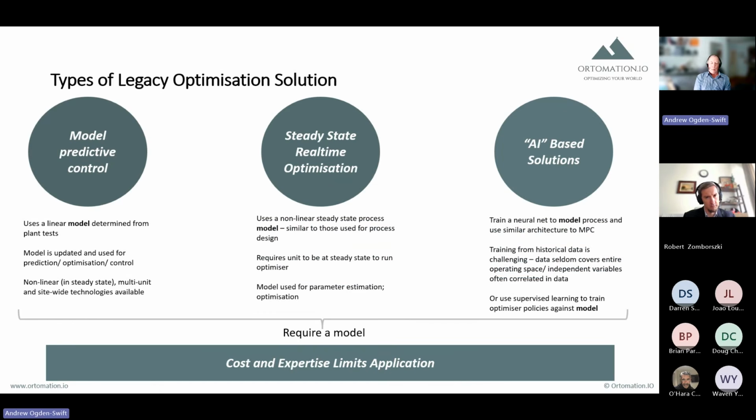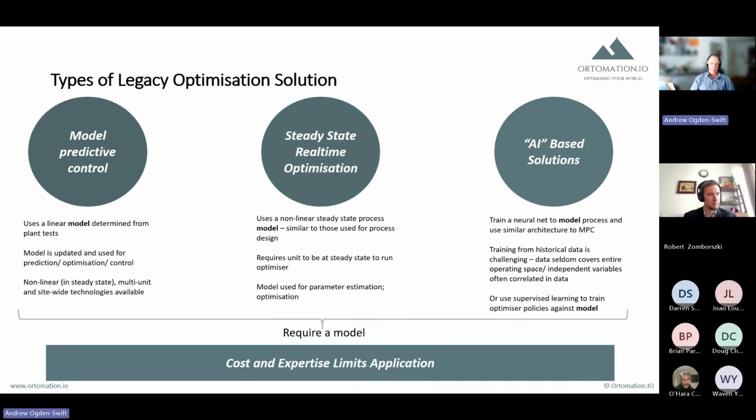And there are various commonly found types of legacy optimization solutions. So the first is model predictive control. This has been around since roughly the 1980s, and it uses a linear model of the plant determined from plant tests, or that's originally how it worked.